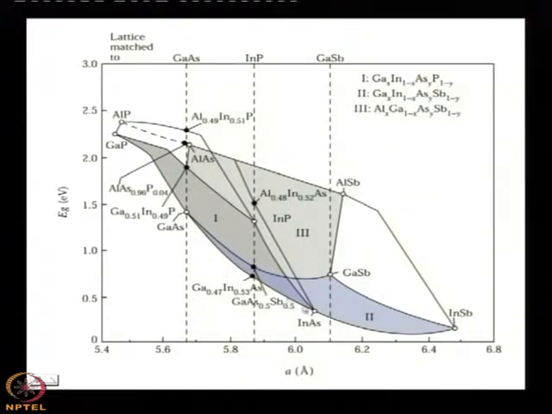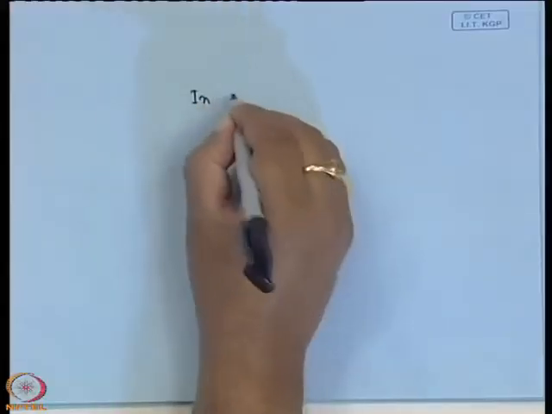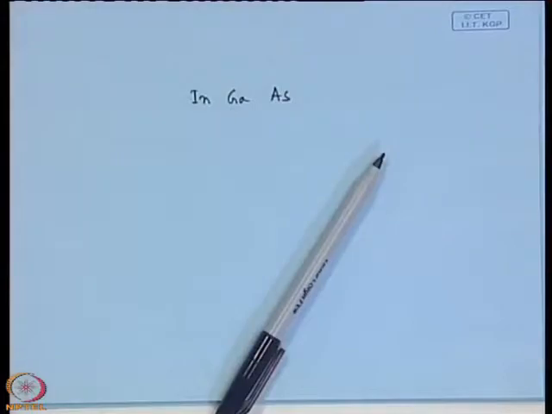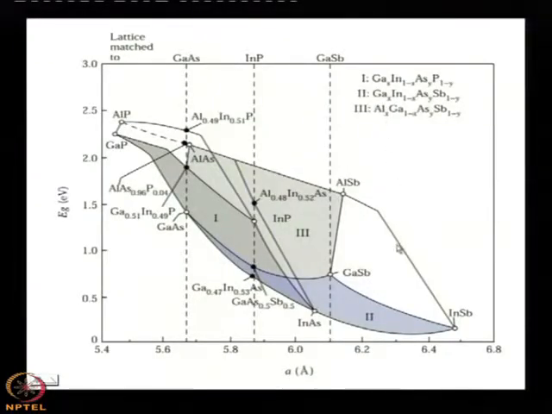It is a plot. Now, say one example is growth of indium gallium arsenide. Why am I talking about indium gallium arsenide? It is because it is a material for fiber optic sources for 1300 and 1550 nanometer.